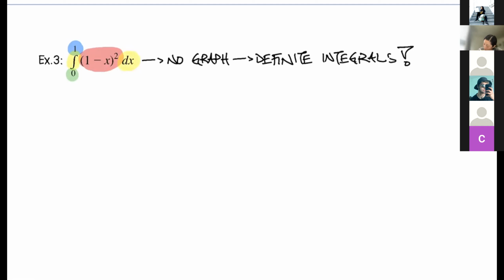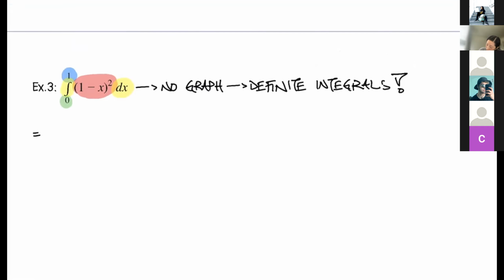Okay. So here's what we're going to do first. If we were taking a derivative of this pink part or the red part, 1 minus x, that quantity squared, what rule would we use in derivatives?